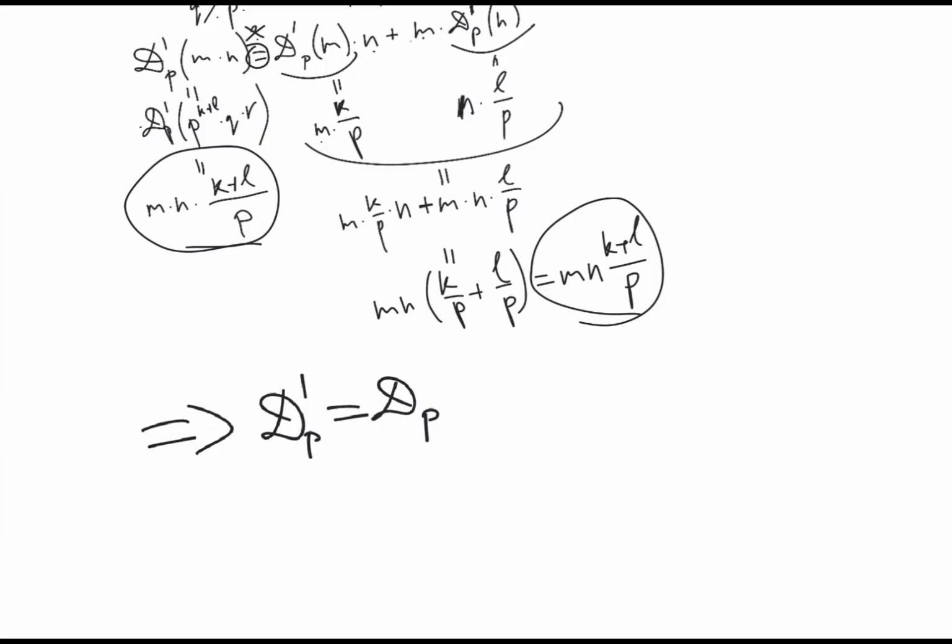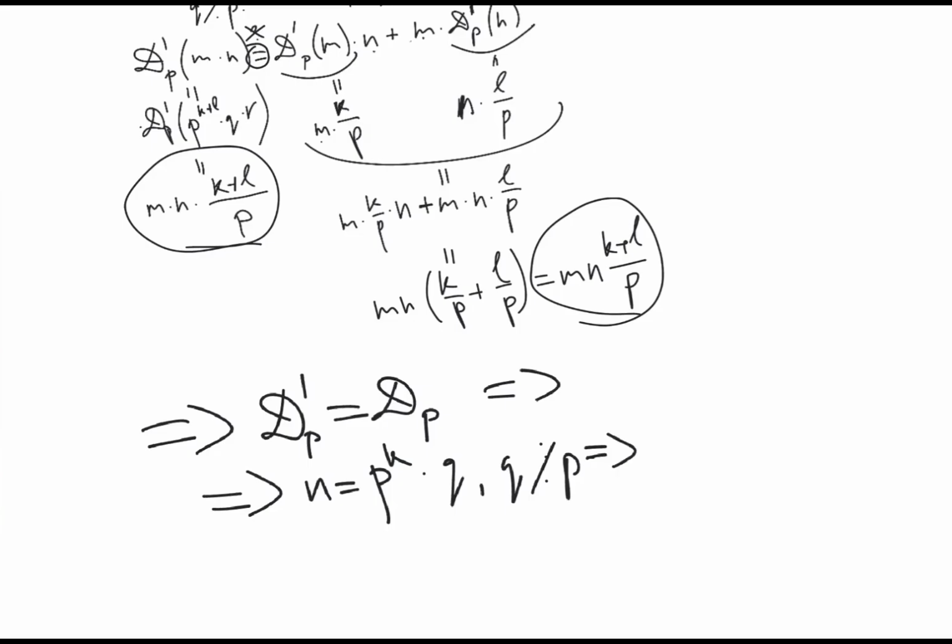And so from this it follows the formula: if n is expressed as p to the power k multiplied by q, where q is not divisible by p, then dp of n is equal to n multiplied by k over p.